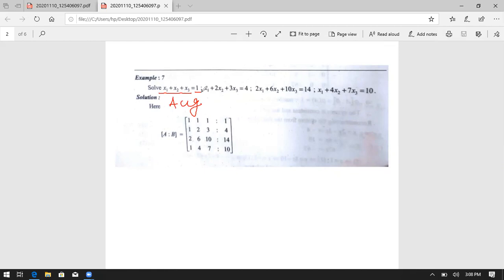Next the second equation is also 1, 2, 3 and 4. Next the third equation, 2 is there, 6 is there, 10 is there, and 14 is there. Next the fourth equation, 1 is there, 4 is there, 7 is there, and 10 is there. I write here that augmented matrix. Next step is, we take the row operations.